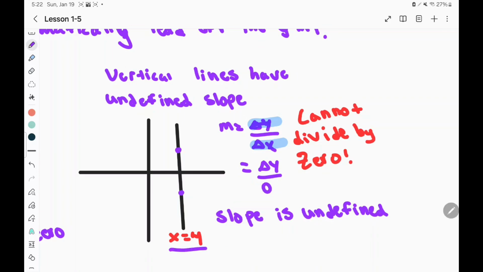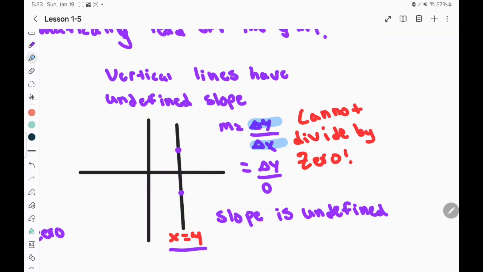I just threw in x equals 4 here to have a number. If I look at these 2 points on the same line, there's no left to right movement off of that line, so the x values do not change. When I subtract the same exact x value, it will be 0.